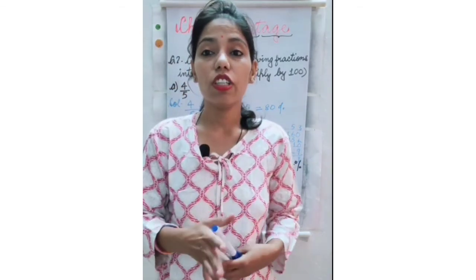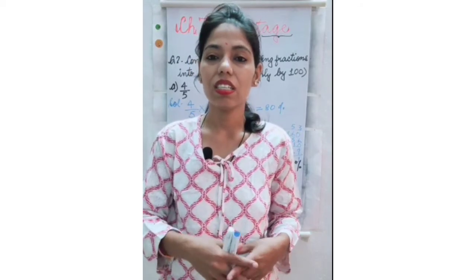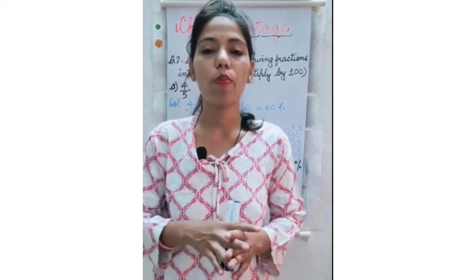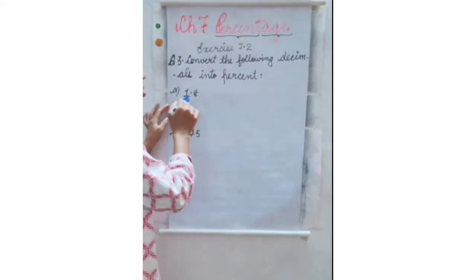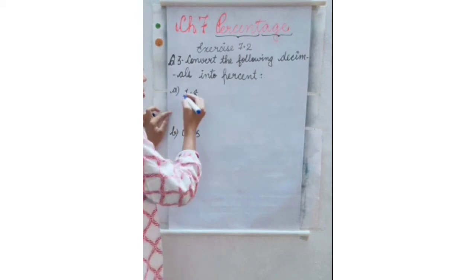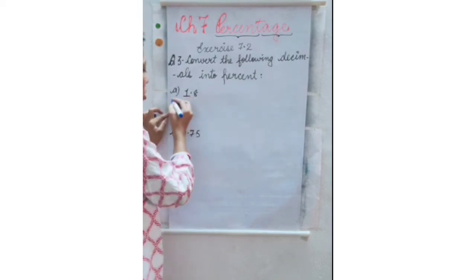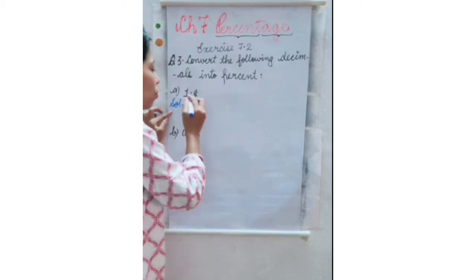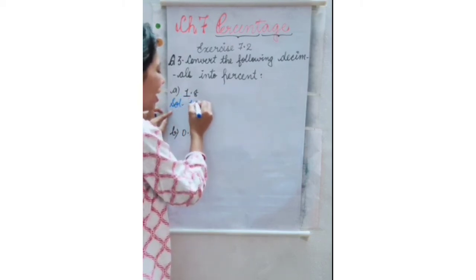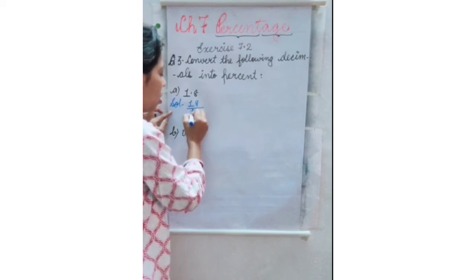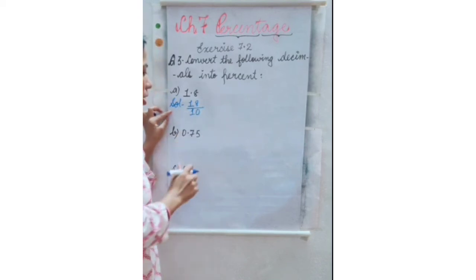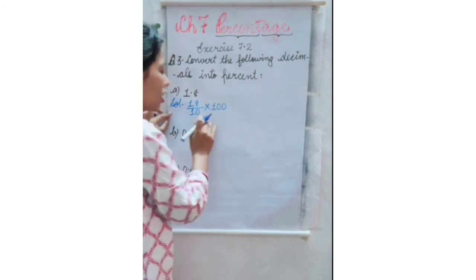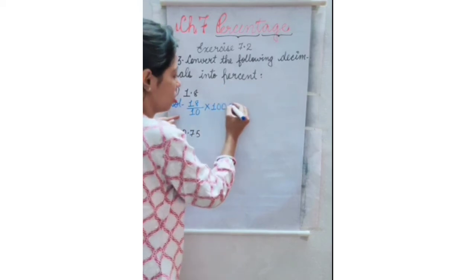Question 3 is: convert the following decimals into percent. Some decimal numbers are given and we will convert these decimal numbers into percent. How will we convert a decimal number into percent? First we will change it into a fraction, and we will apply the knowledge we studied in the previous chapter. 1.8 can be written as 18 by 10 in the form of a fraction, and when we multiply this fraction by 100 we can change it into percent.